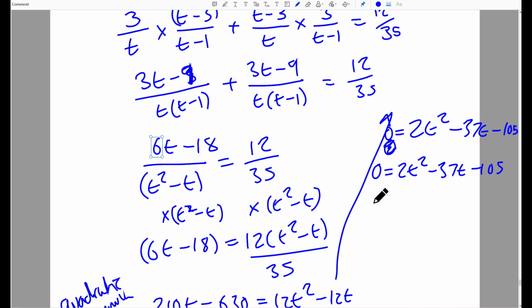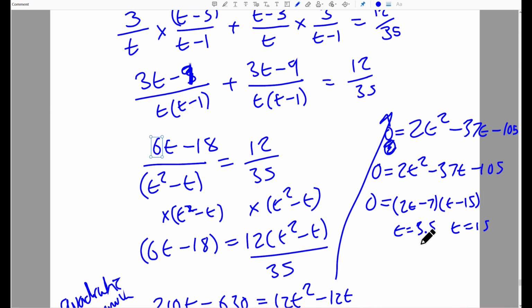Now we can factorise that. Just going to go to the answer. 2t minus 7, t minus 15, or use a quadratic formula. So I know t equals 3.5, or t equals 15.